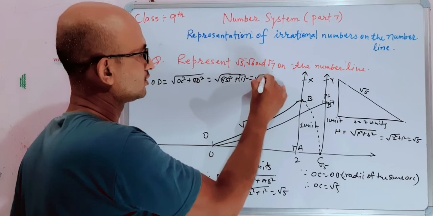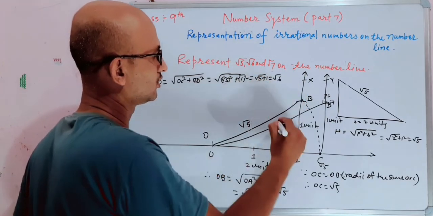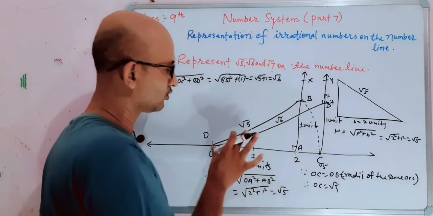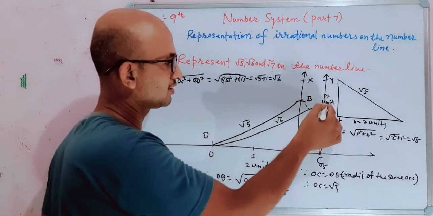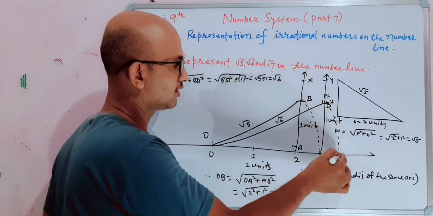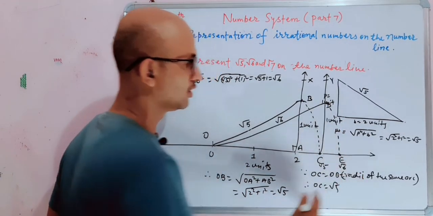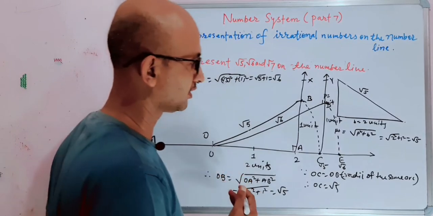So we get OD equals root 6 units. Now taking O as center and OD as radius, we draw another arc cutting the number line at point E. This point E represents root 6 on the number line.